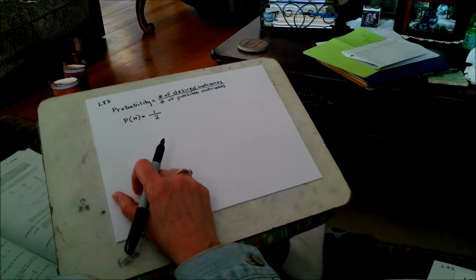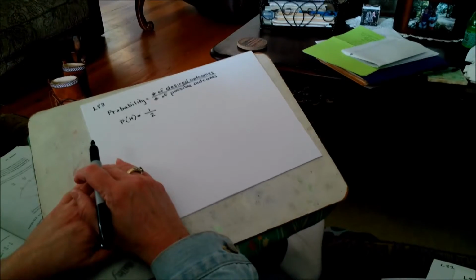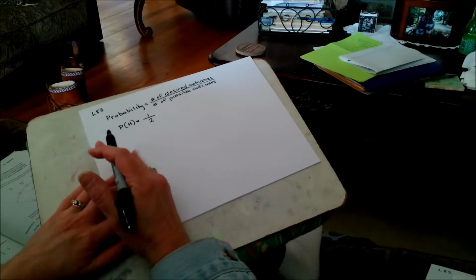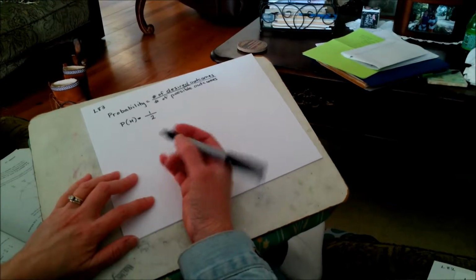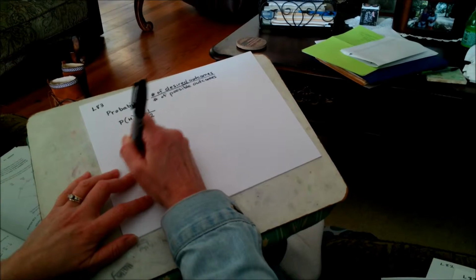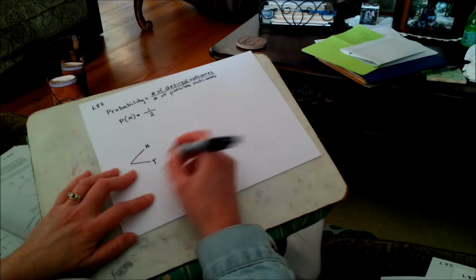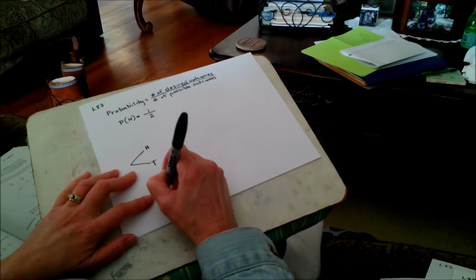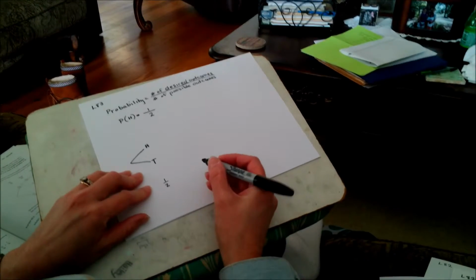Now, if I flip the coin multiple times, I can then calculate the probability of a certain outcome, and these are independent events. So the first time I flip the coin, it's going to land on either heads or tails, and that is a 1/2 probability.